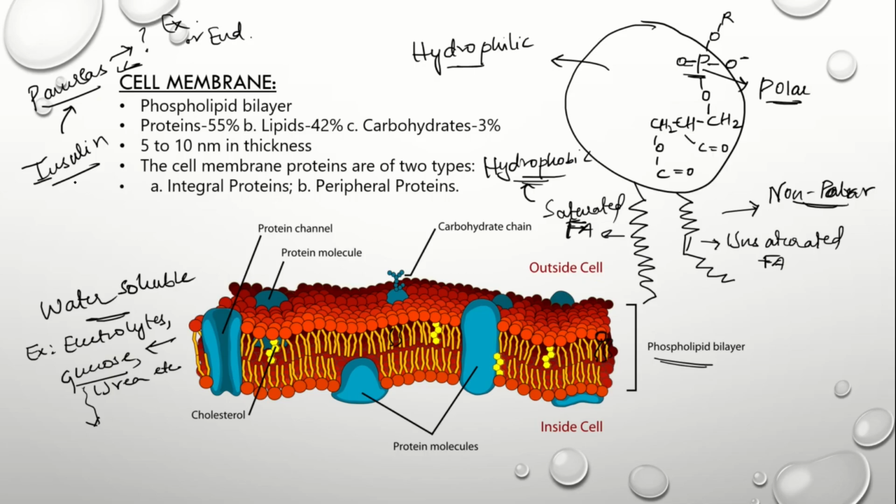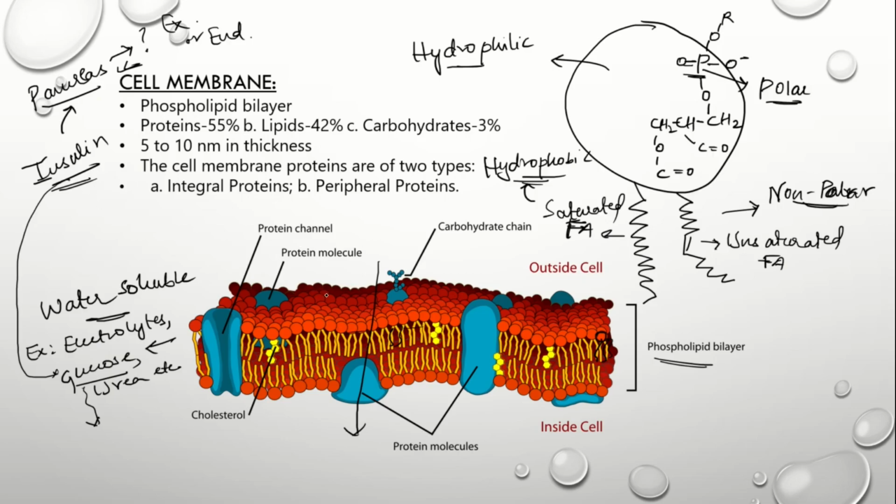Now, what does insulin do? Insulin is basically a carrier protein which allows the glucose to pass through this cell membrane. Understood? So insulin is a chemical substance which allows the transport of glucose across the cell membrane. Therefore, in diabetic patients, insulin resistance develops on the cell surface.